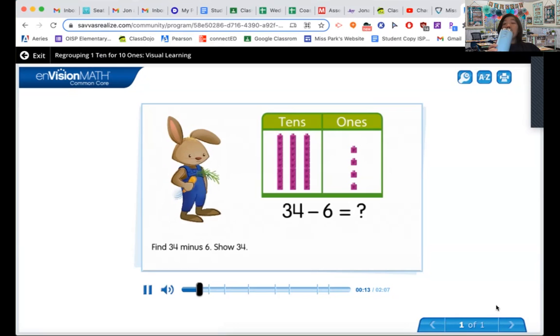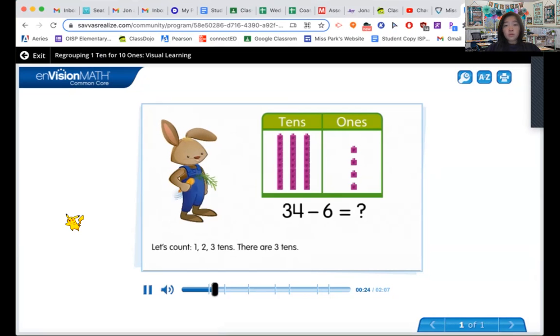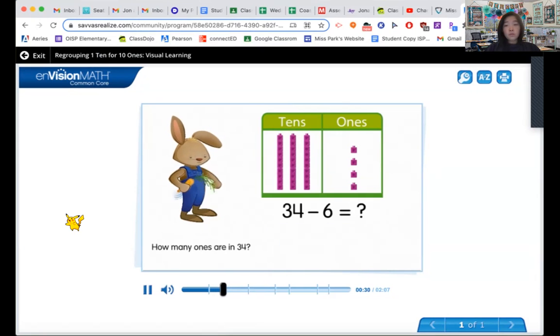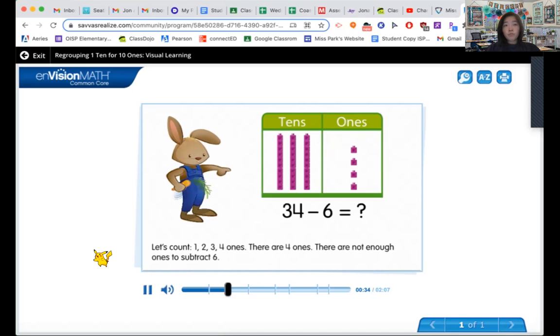Find 34 minus 6. Show 34. How many tens are in 34? Let's count. 1, 2, 3 tens. There are 3 tens. How many ones are in 34? Let's count. 1, 2, 3, 4 ones.